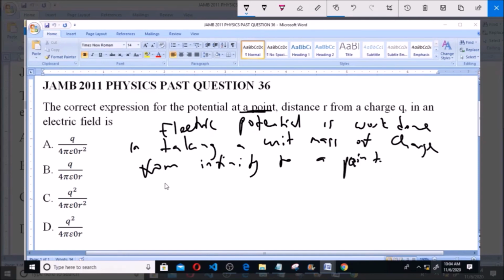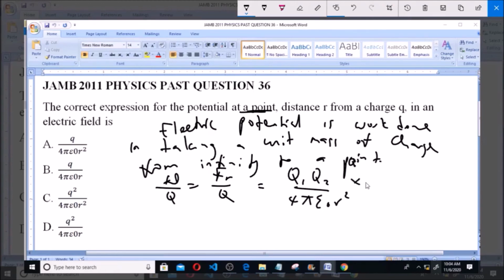That is W over Q, the work done, so FR over Q. So that is actually equal to Q1 Q2 over 4 pi epsilon naught R squared, where 4 pi epsilon naught is a constant, multiplied by R over Q1.